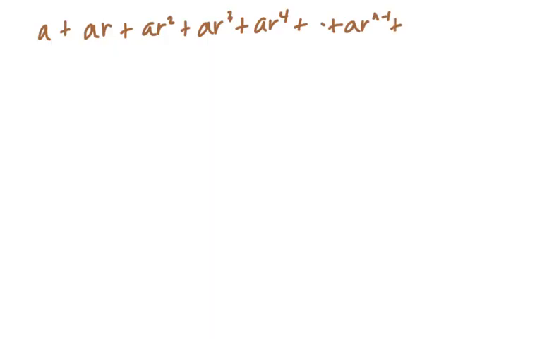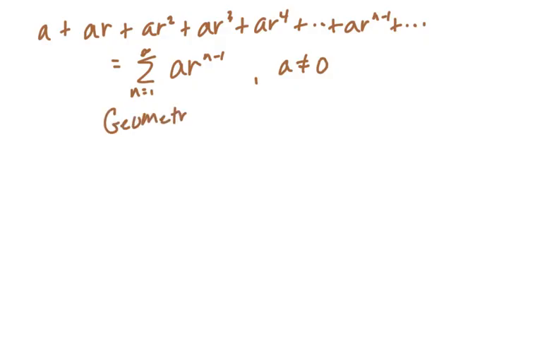You have, I usually call it a sub 1, a r, a r squared, a r to the third, a r to the fourth, and so forth, a r to the n minus 1. So this equals the sum from n equals 1 to infinity of a r to the n minus 1, where a does not equal 0.